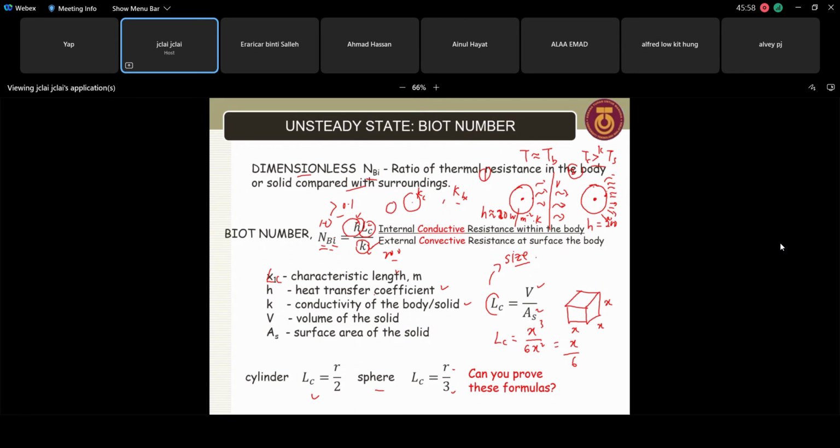But in case number two, whereby you have very high H, the temperature at the center is much greater as compared to the temperature at the surface. Under situation number one, the Biot number is smaller than 0.1.